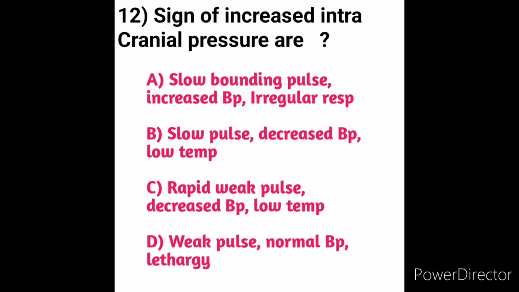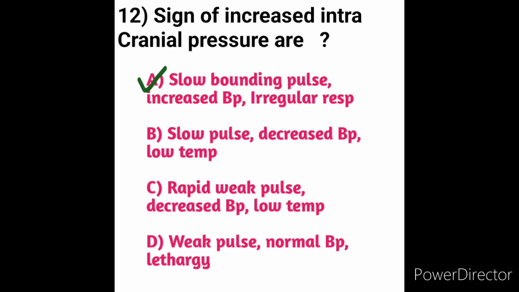The primary cause of increased intracranial pressure is an injury to the head or skull. Raised intracranial pressure is a common problem in neurosurgical and neurological conditions. Changes in blood pressure, pulse and respiration pattern are usually late signs of raised intracranial pressure in clinical practice.